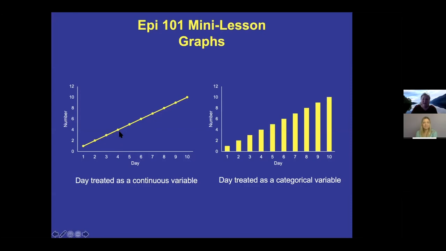I mean, day is a continuous variable, but when you think of it, we're only getting case numbers in a set day, not throughout the day. Like if it was by time, you could even make it more fine than just day. It could be like 1 p.m., 4 p.m., and make it more continuous that way.